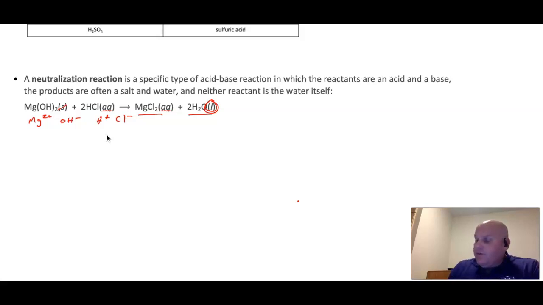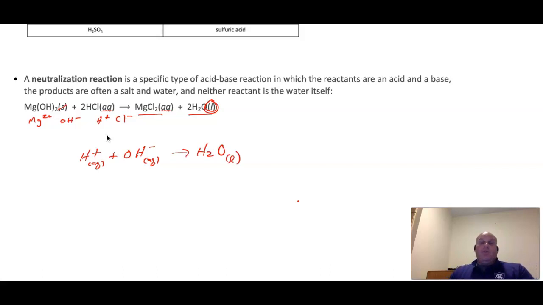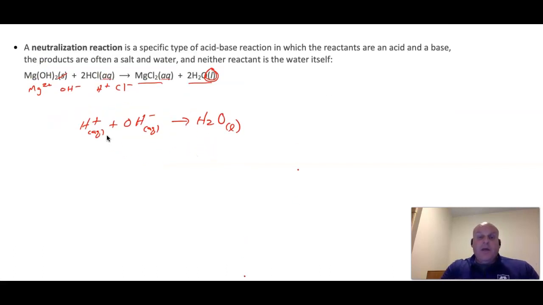We could even go as far as to do the complete ionic and net ionic equation, and the net ionic equation would be nothing more than this. And that's what's important here about the neutralization reaction.